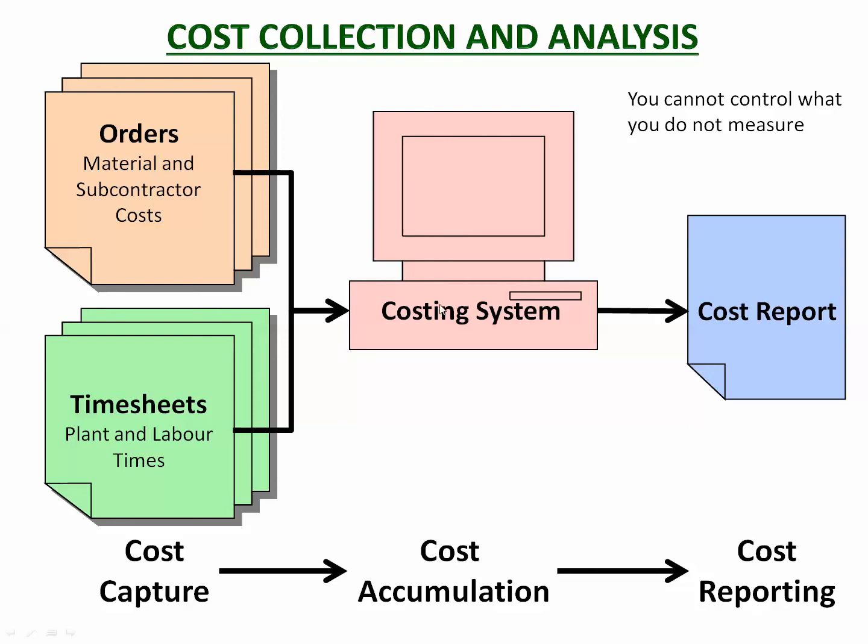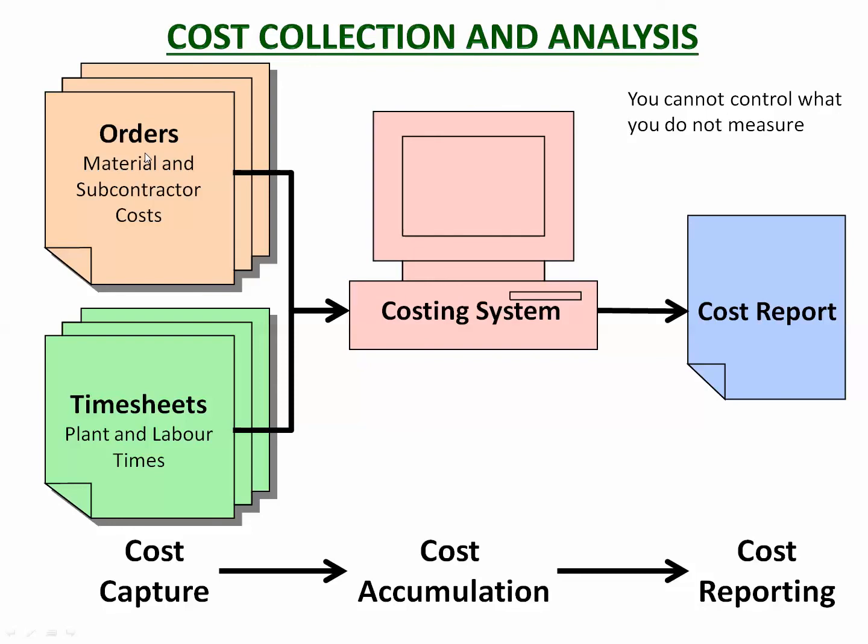Now the costing system is just a big computer system, and what it does is it takes all of those orders and those timesheets, and there may be hundreds of them, and puts them into the right boxes. So it says cut to fill has had this much time spent on it, has had this many orders placed.